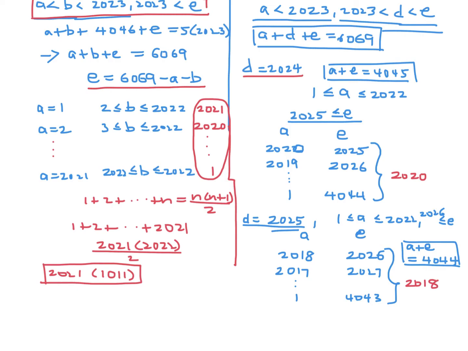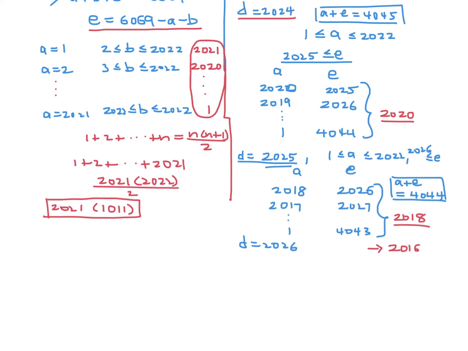And similarly, as you keep increasing the value of D, you'll keep decreasing the total number by 2. So this was 2020, this was 2018. And if you made D, for example, equal to 2026, and you went through that big long song and dance, you would get a total of 2016 cases.